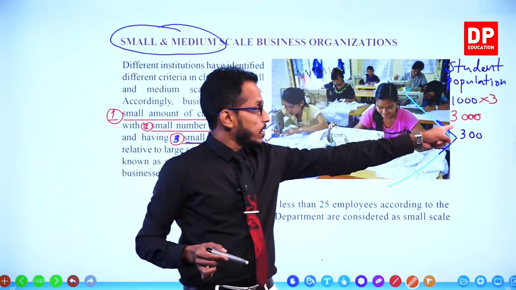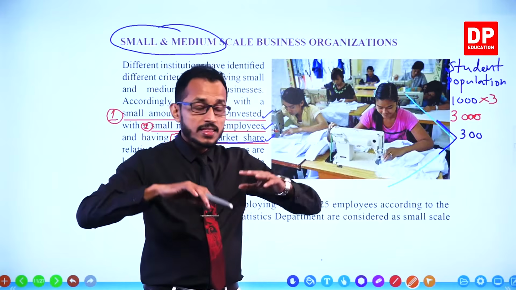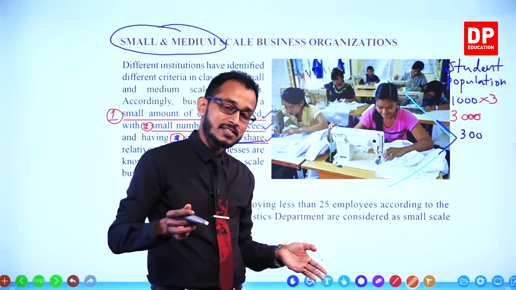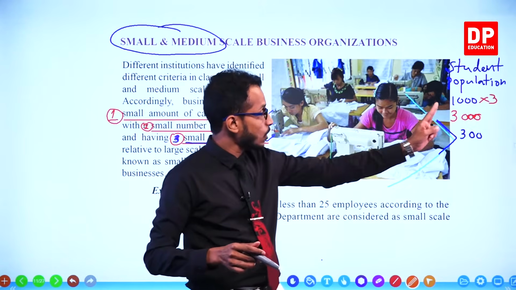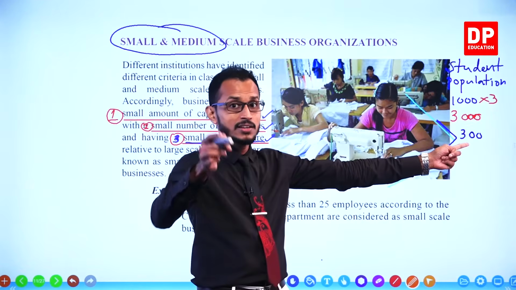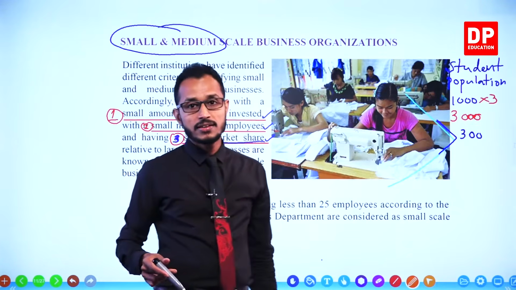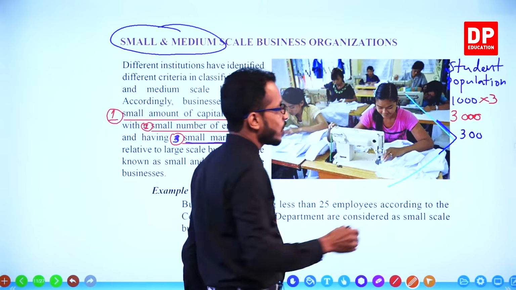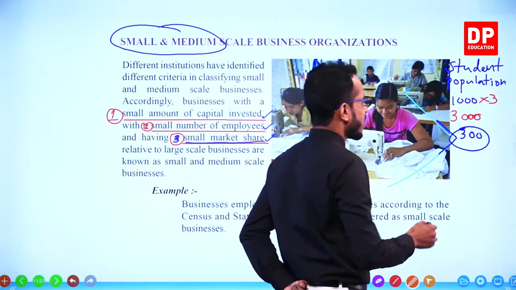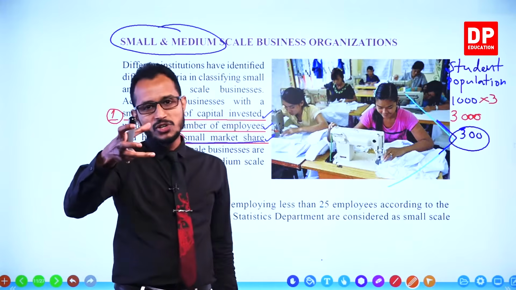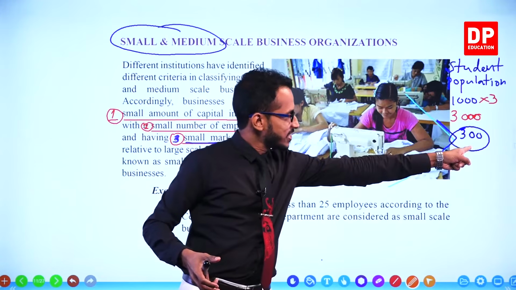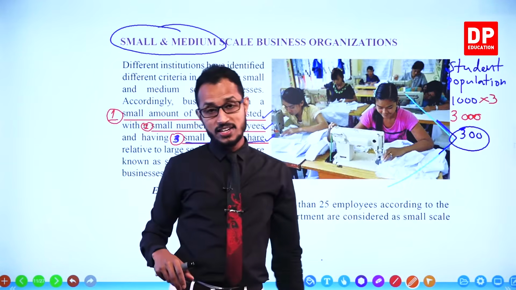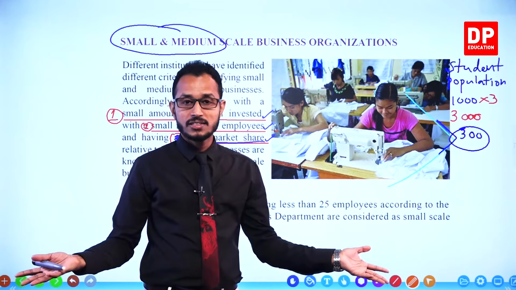But every year, the market requires 3,000 uniforms. Your mother is providing only 300. How much of a portion or fraction is this 300 out of that 3,000, the entire market?